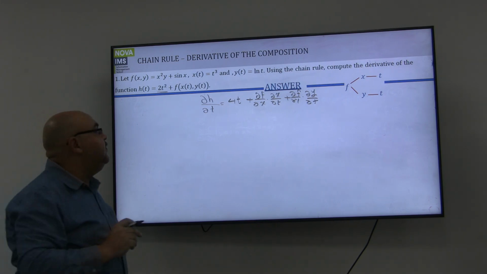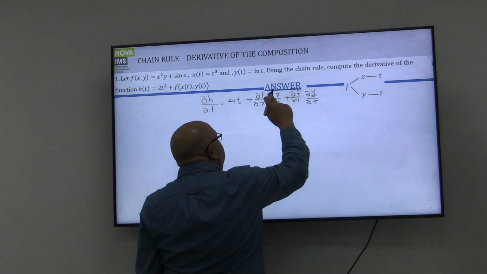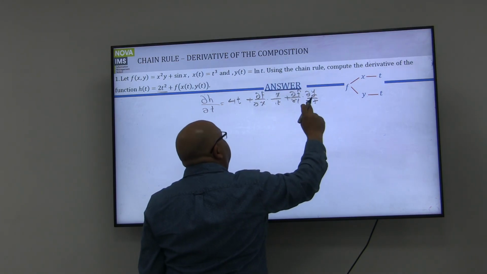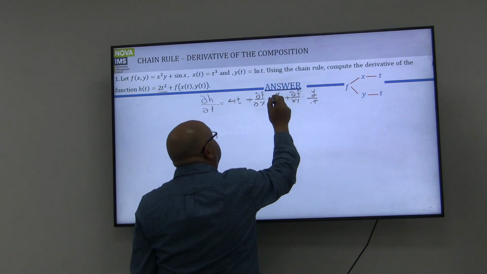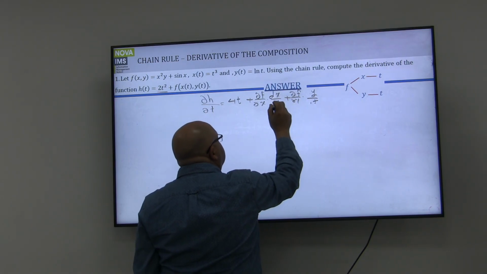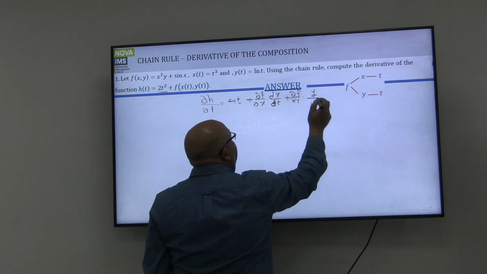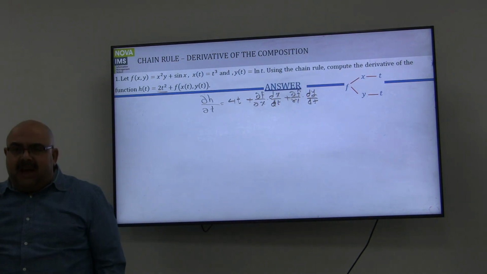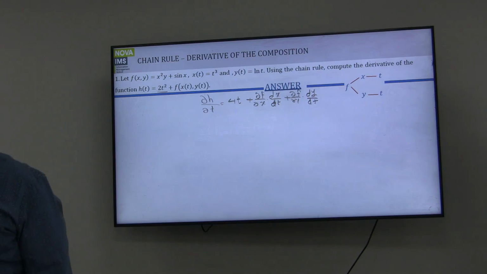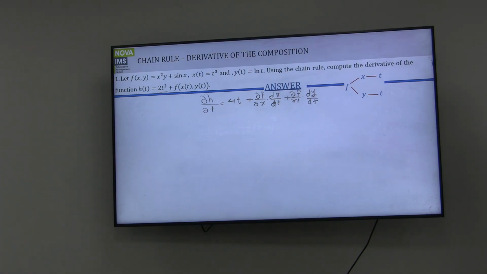But remark, I can write, as better for this case in specific, not partial x partial t, but dx by dt and dy by dt. Why? Because x is a function only in t. So I'm using the total derivative symbol. Okay? So it's really very simple.